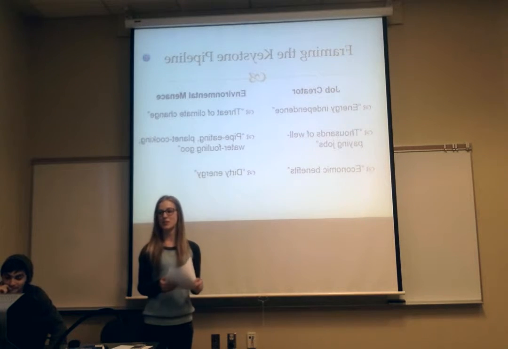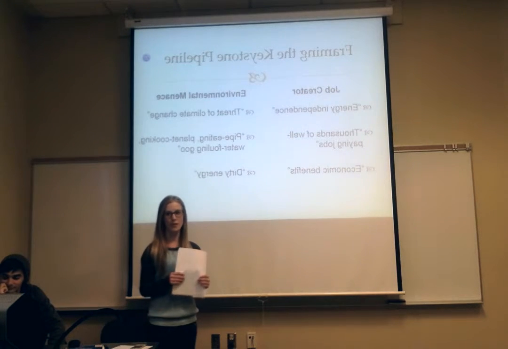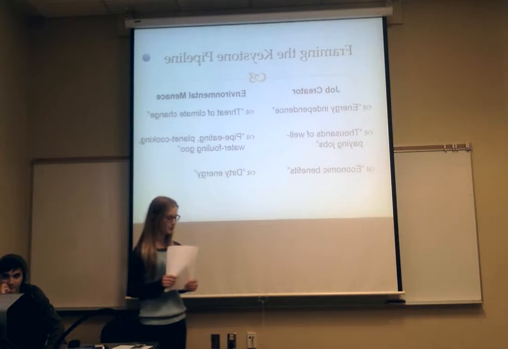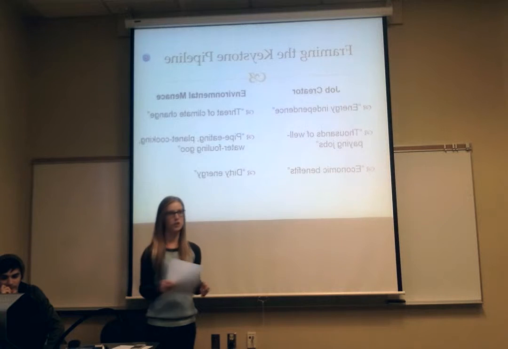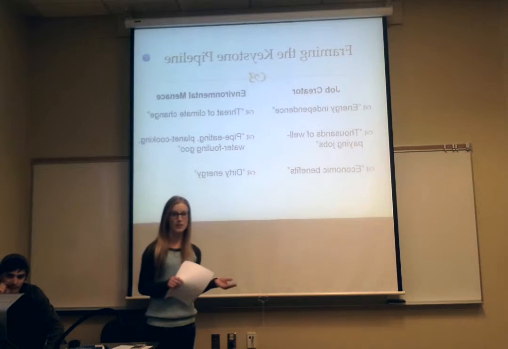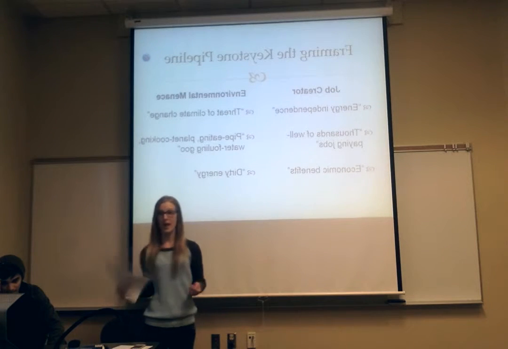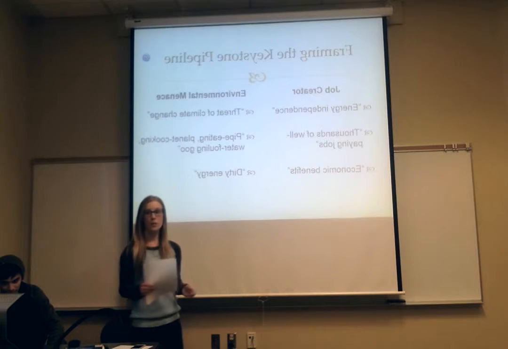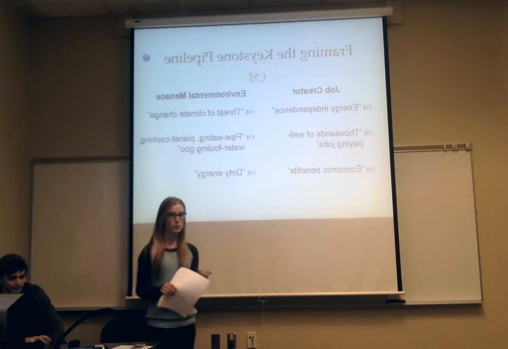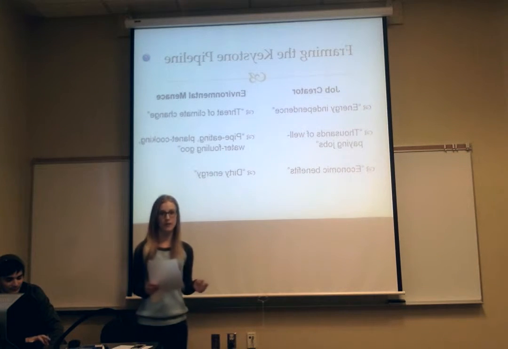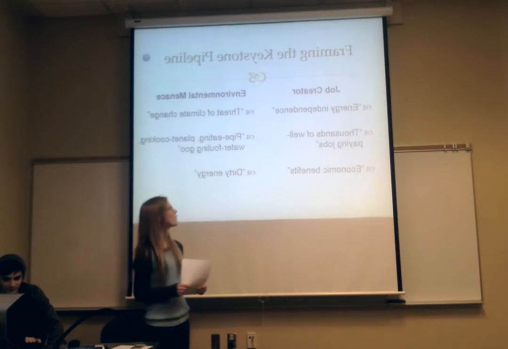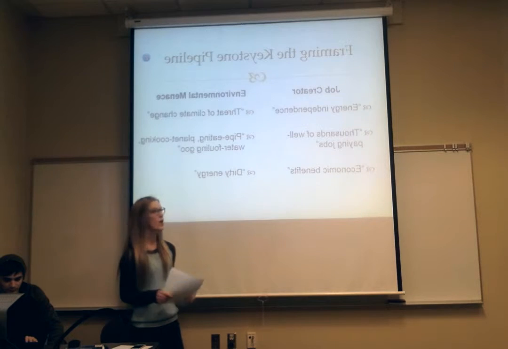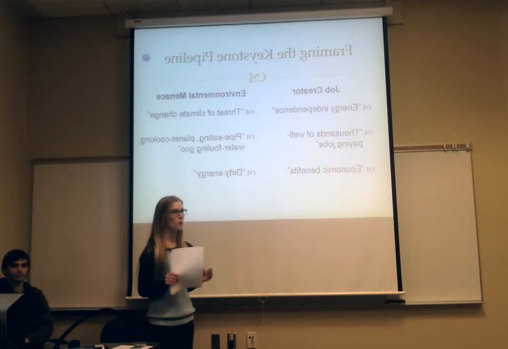Being all business students, I'm sure that you are all familiar with the Keystone Pipeline. It's a very controversial topic. Some people are very pro-Keystone Pipeline, others are very anti-Keystone Pipeline. So we went through a few newspaper articles and pulled out key phrases. The newspaper articles that were pro-Keystone Pipeline framed the pipeline as a job creator.